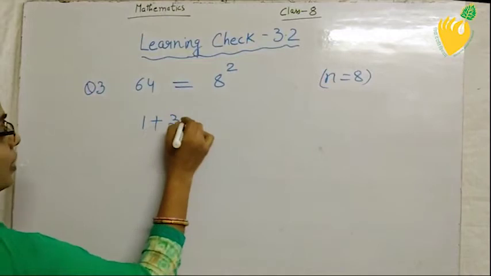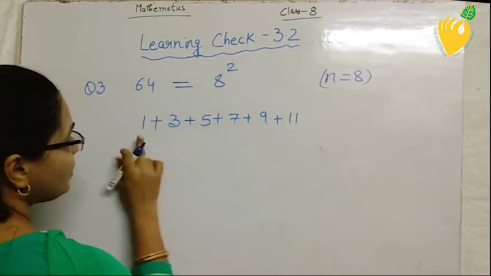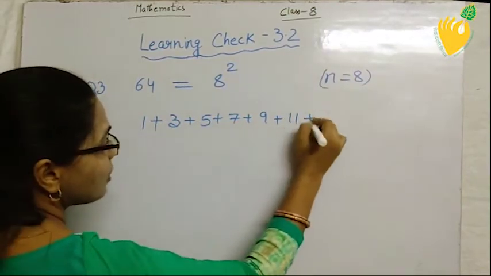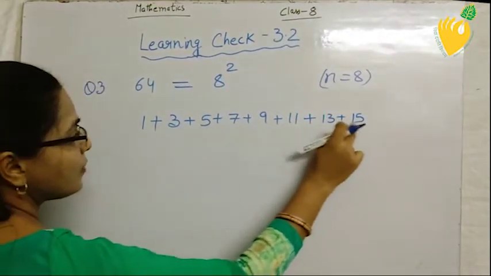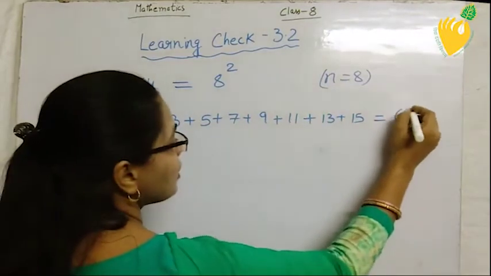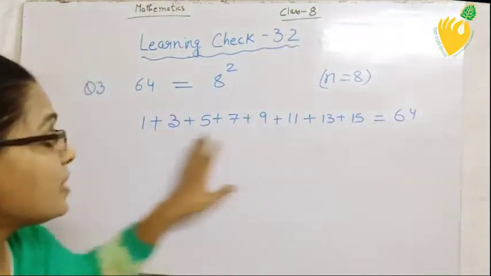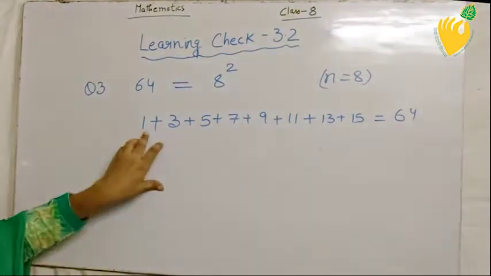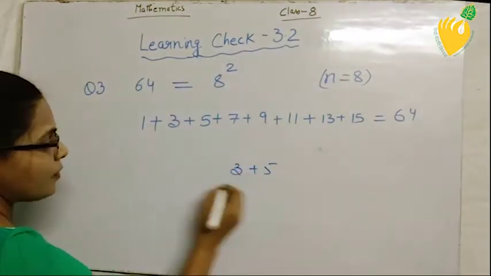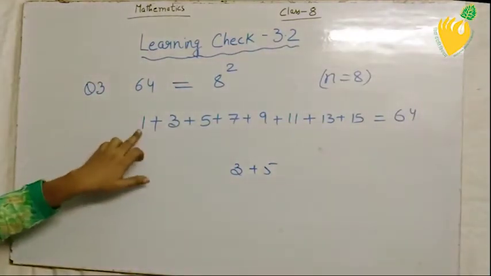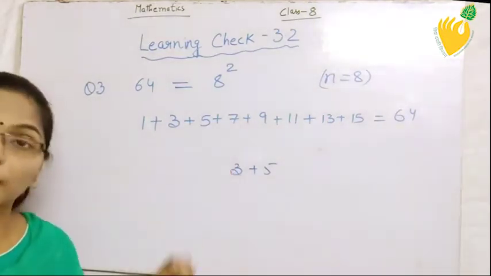You can write 1 plus 3 plus 5 plus 7 plus 9 plus 11, that is 6 numbers, plus 13 plus 15, that is 8 numbers, is equals to 64. These are the first n consecutive odd natural numbers. We can't start the series from 3 plus 5. You always have to take the series from 1, the first n odd natural numbers in a consecutive manner.